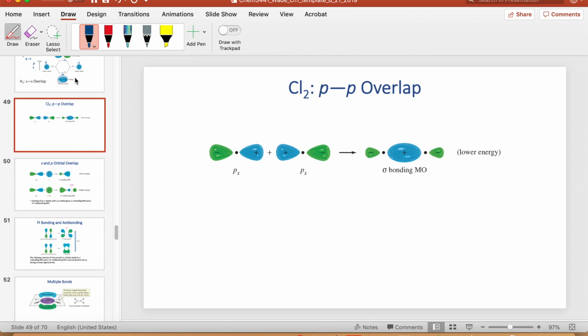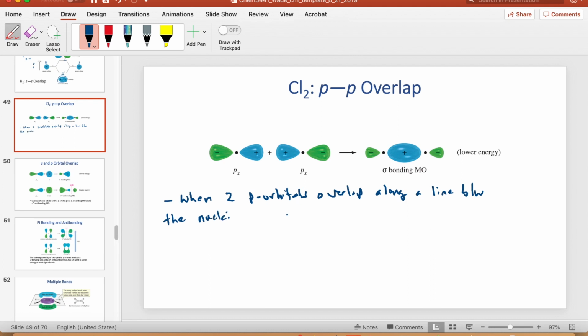And so when two p orbitals overlap along a line between the nuclei, you get a bonding orbital and an antibonding orbital, just like with the S. All right, we end up with each one of these.